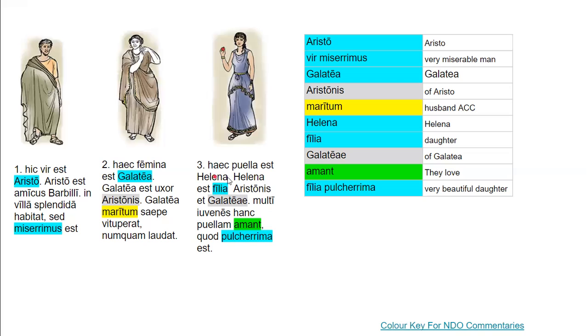Haec puella est Helena. Helena est filia. So this girl is Helena. Helena is, well, we'll just say the filia Aristonis et Galateae, the daughter of Aristo and Galatea. So these are genitives. Let's see. Helena, this is where we get the name Helen from.